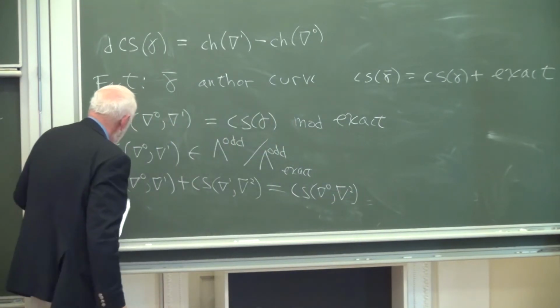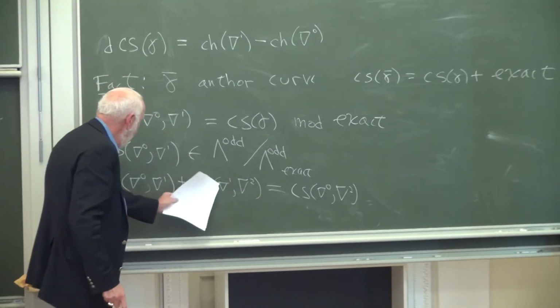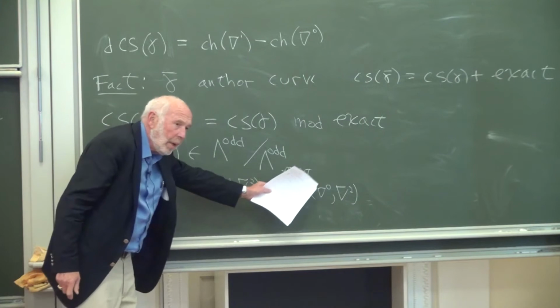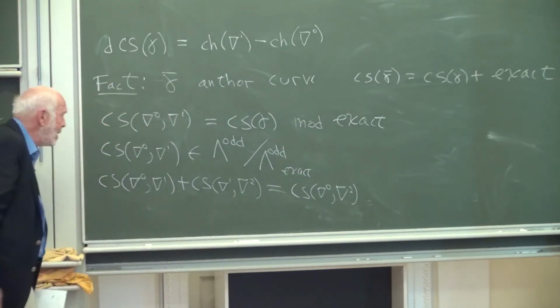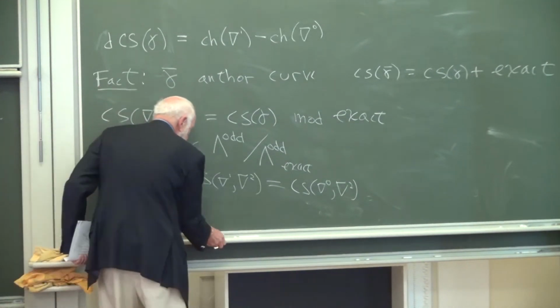So you go from this connection to this one, and you can go via this one in the middle, and you'll get the right thing. And that means that we're going to get an equivalence relation.